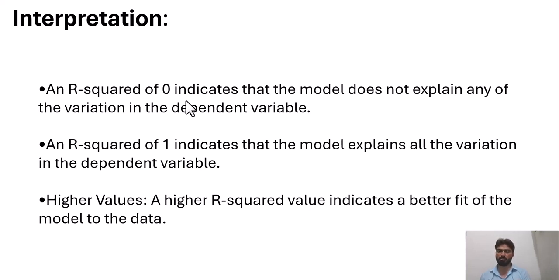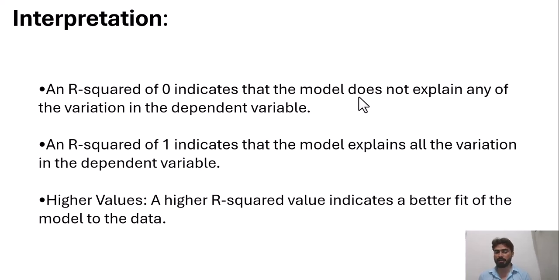When R-square is 0, it means that our model does not explain our dependent variable. It means that our independent variables are not affecting our dependent variable. Any change in the independent variables will not affect our dependent variable if R-square is 0.